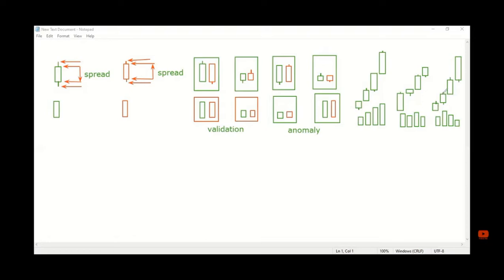But after this candle the market creates this one, and volume decreases. So what information is the market giving us? Something is going wrong in the market. The market may change its direction at any time, but it doesn't mean that the market reverses suddenly from here.